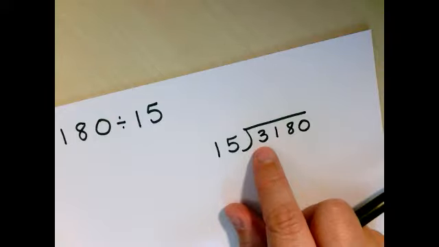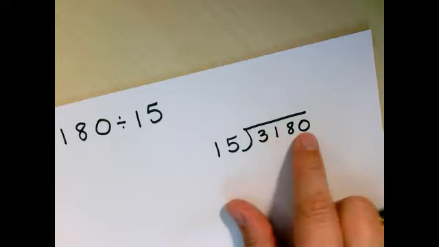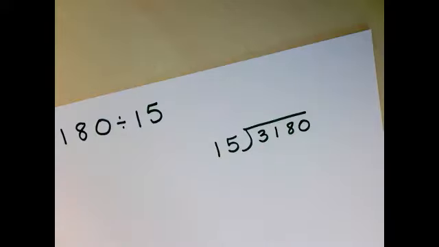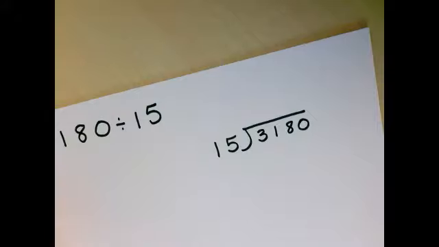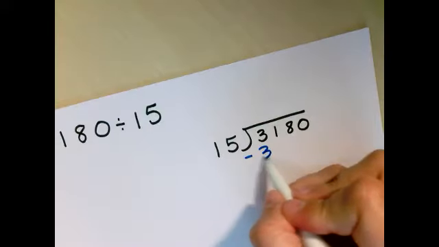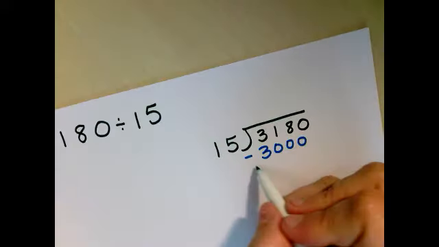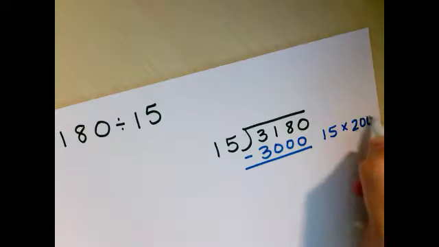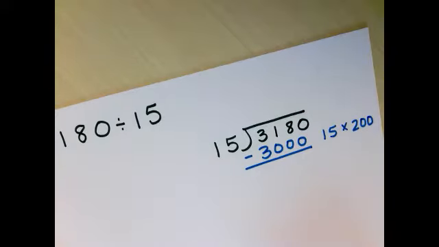Well, I could round this number and I know that that's 3,000. I know that 15 times 2 is 30. So if I add 2 more zeros on that, that's going to get me to 3,000. So here, I just did 15 times 200. And that got me 3,000.